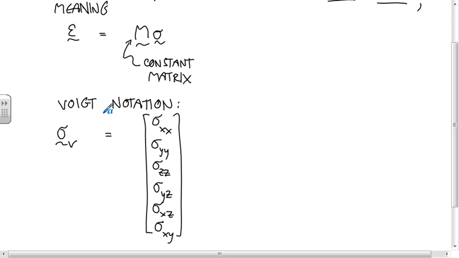And the Voigt notation for the strain is the same order: epsilon xx, epsilon yy, epsilon zz, so the normal strains first. And then you have the 3 shear strains, but we're going to include a factor of 2 on these, so 2 times epsilon yz, 2 times epsilon xz, and 2 times epsilon xy.